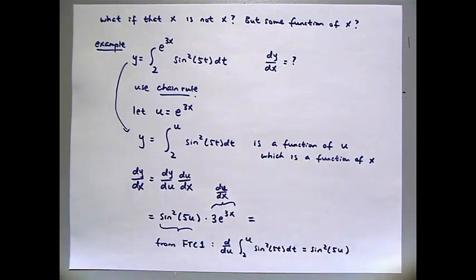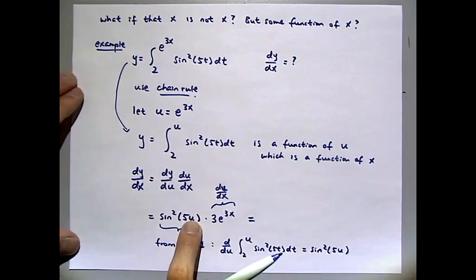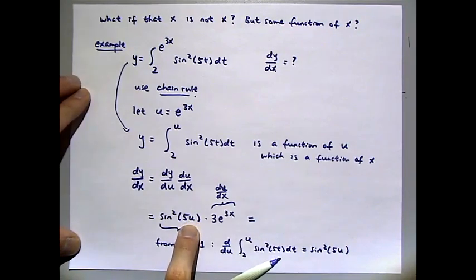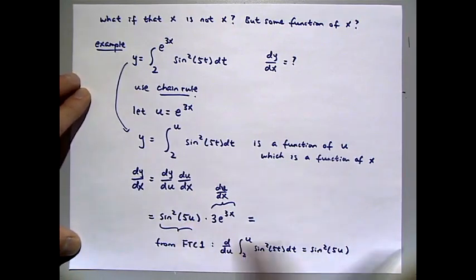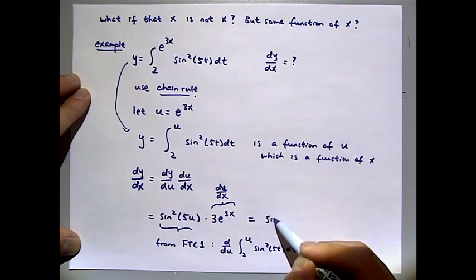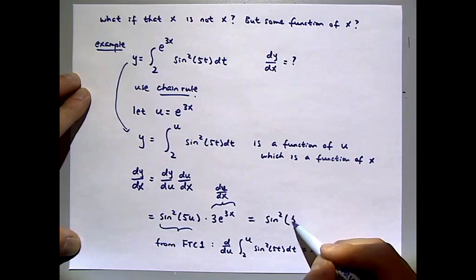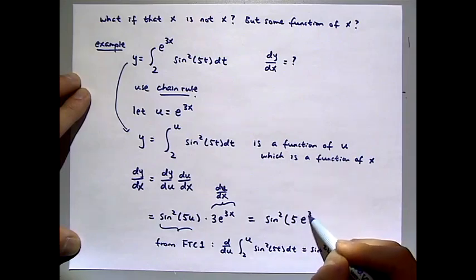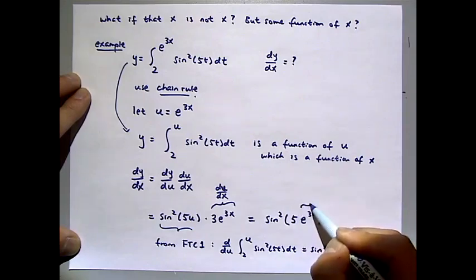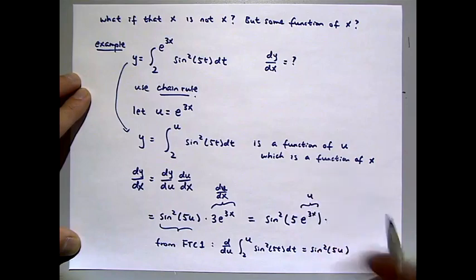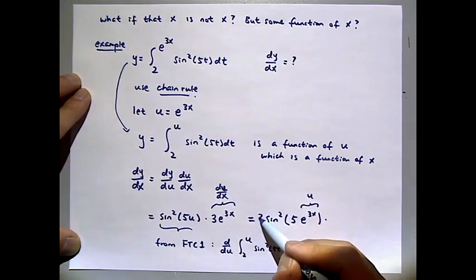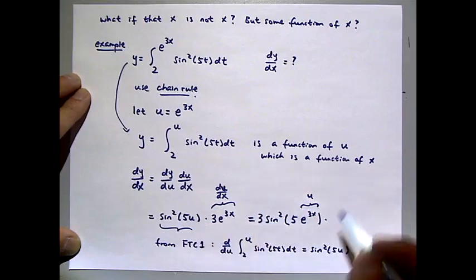Now what's left to do here is to clean this thing up a little bit. We don't want the u to stay in here, so let's get u back out. Let's write this as sine squared of 5 times e to the 3x, times, let me put a 3 up front here, 3 e to the 3x back here.